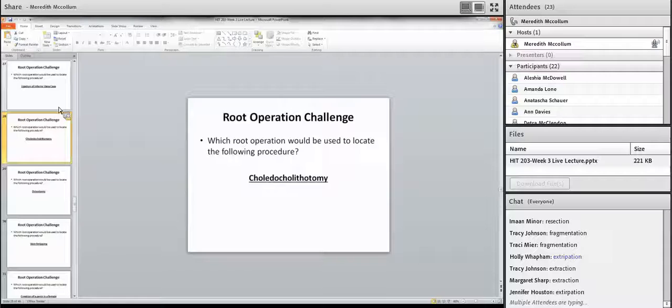Holly is correct. It's extirpation. So a stone is not connected to the body. So unlike a polyp, it is not connected. It can move, it can go in and out. It's kind of like food.